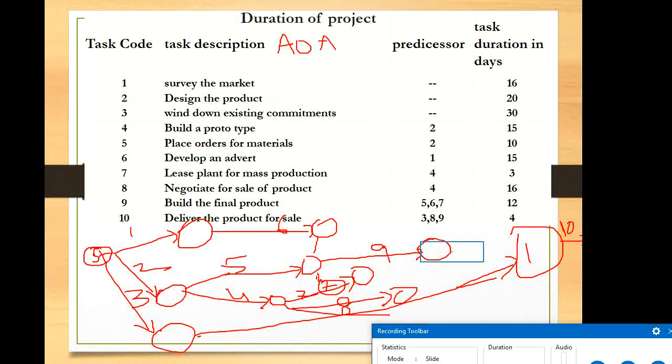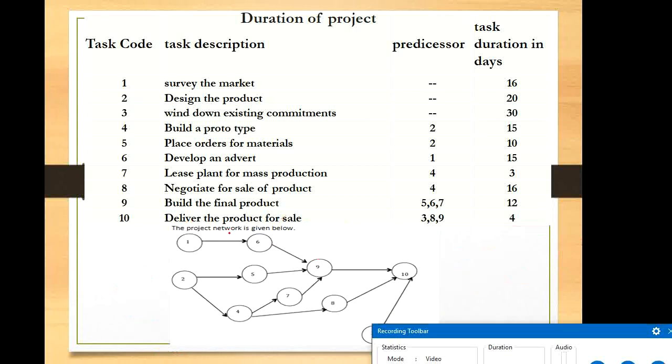So 9 will be coming here, right? Then 3, 8, 9 goes to the 10. So 9 is already connected with 10, and 3 is already connected with 10. So you can draw only a dotted arrow for this one, right? This is the way we can make an activity on arrow, right?